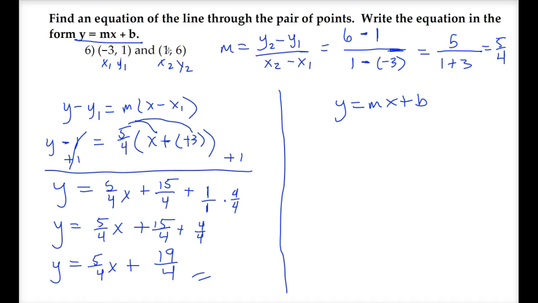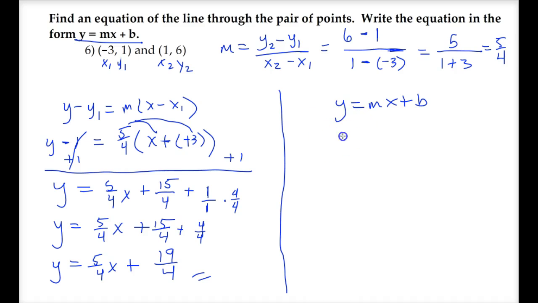Okay. If we took the approach of doing the slope-intercept form, then we just pick one of these points, x1, y1 again. Doesn't matter. We can pick either one. We just need to plug in something for x here, plug in something for y, and plug in m. So to keep consistent with what I've done here, I'm going to use the point -3, 1 again.